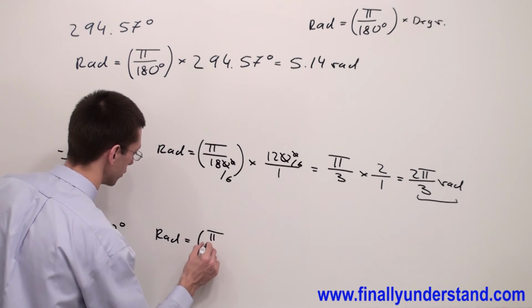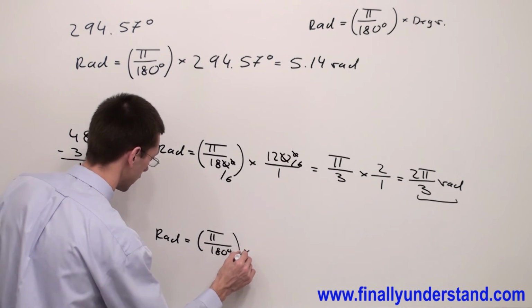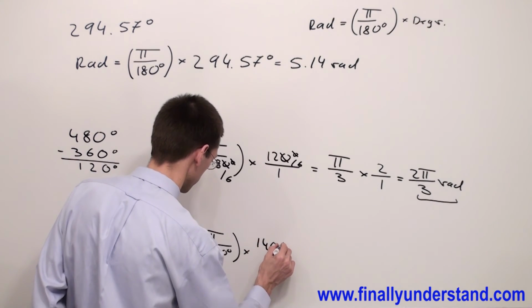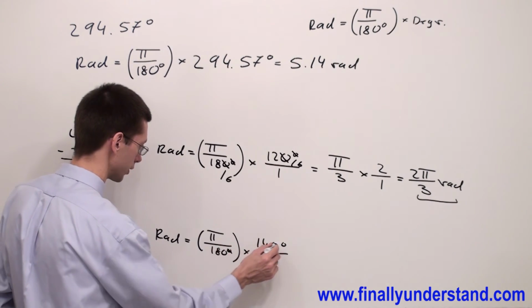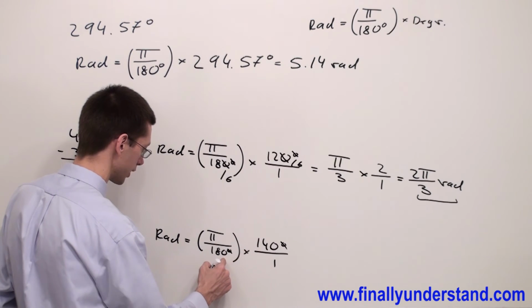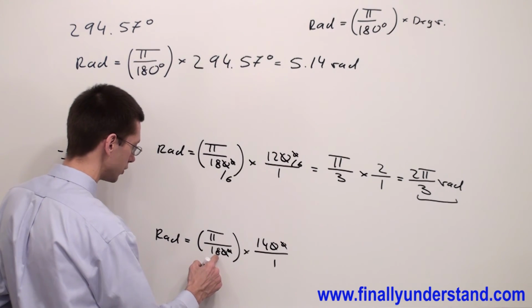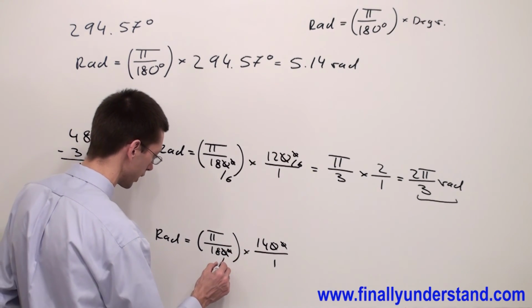Now, I'm going to use the formula and convert this angle to radians. So pi over 180 degrees times 140 degrees over 1. Degree and degree will cancel out. Both of these numbers are divisible by 10, that's why 0 and 0 will cancel out. 18 and 14, both of them are divisible by 2.